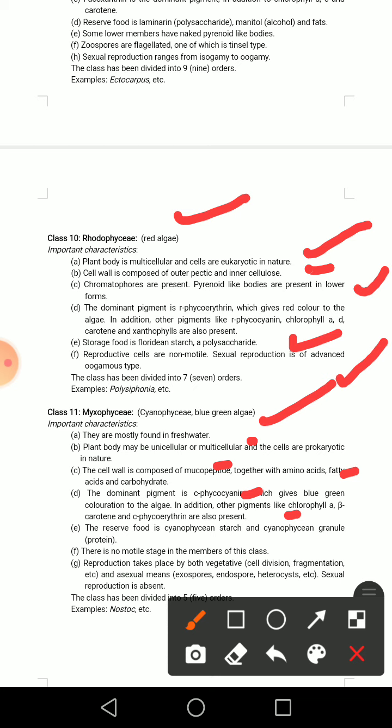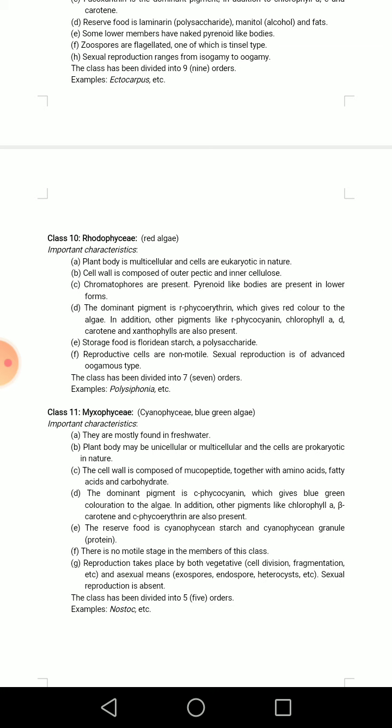The reserve food is cyanophycean starch and cyanophycin granules. There is no motile stage in the members of this class. Reproduction takes place by both vegetative and asexual means. Vegetative occurs by cell division and fragmentation, and asexual occurs by exospores, endospores, and heterocyst formation. Sexual reproduction is absent in them. The class has been divided into 5 orders. Examples include Nostoc.